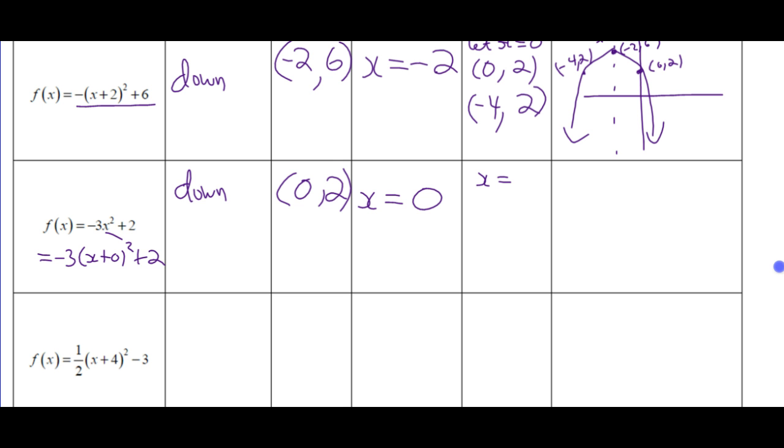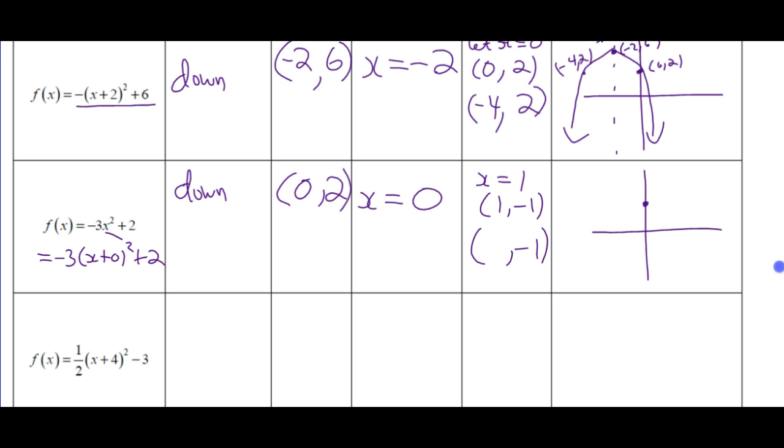Well, we already did. Let's make x 1. Okay, we'll move 1 unit. Okay, what's 1 squared? Times negative 3 plus 2. Negative 1. What's the other point then? All right, I don't see any answers, so I'm going to sort of draw what I have.